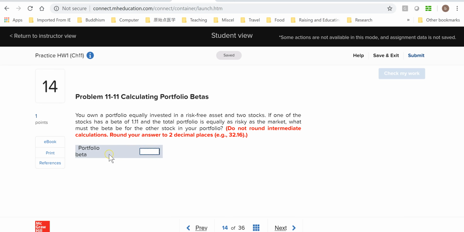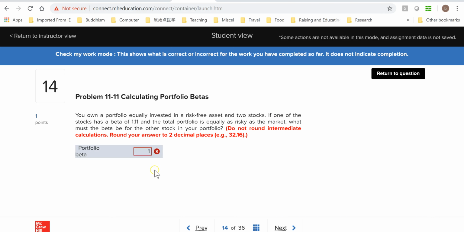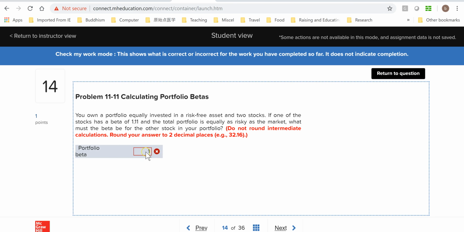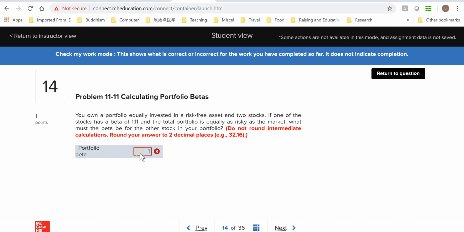First, we need to figure out the portfolio beta, which is 1, and check my work. Equally as risky as the market. Oh, here I think this is a typo.